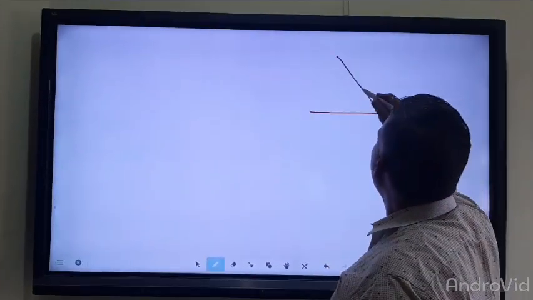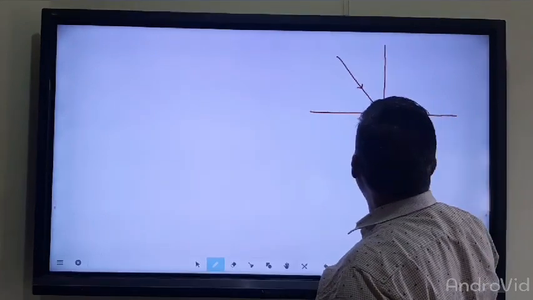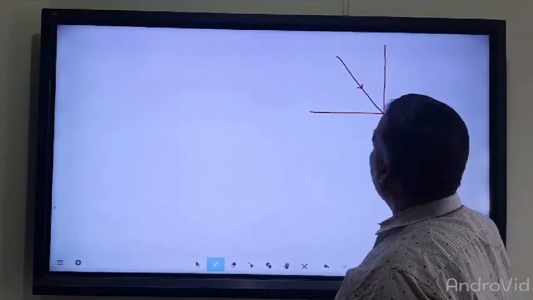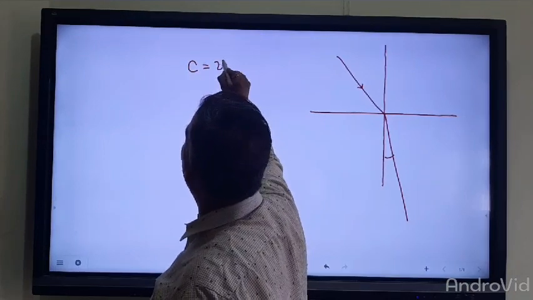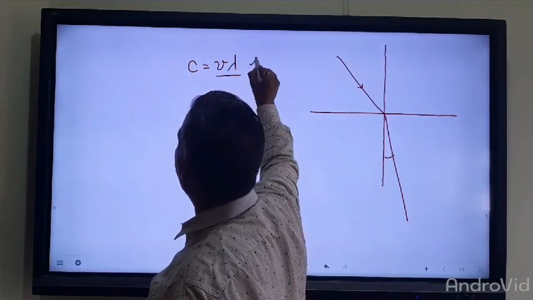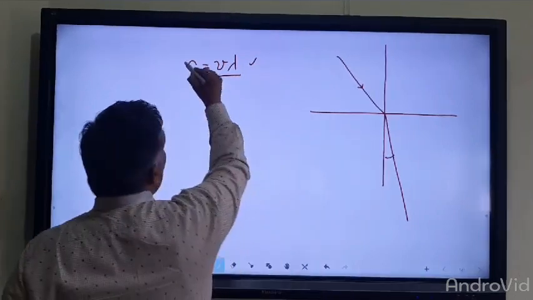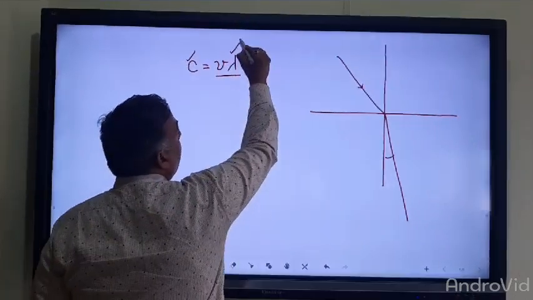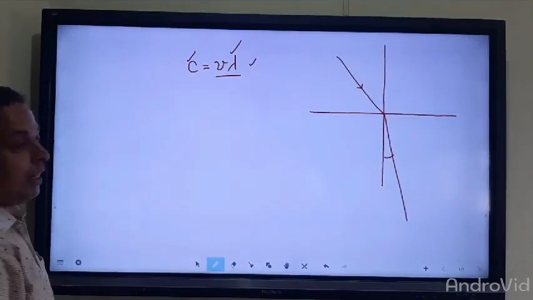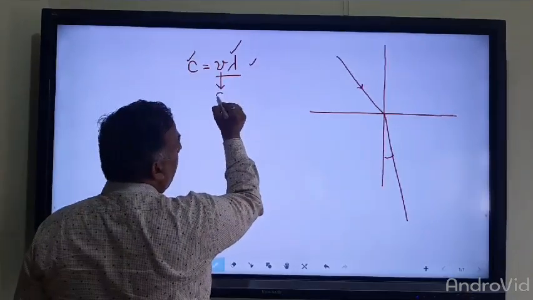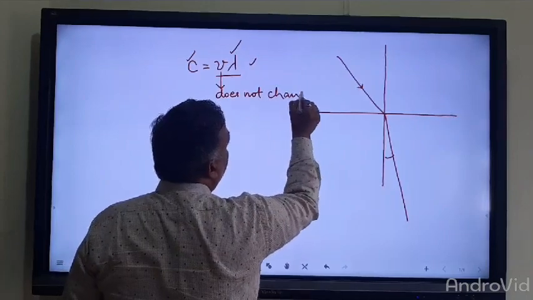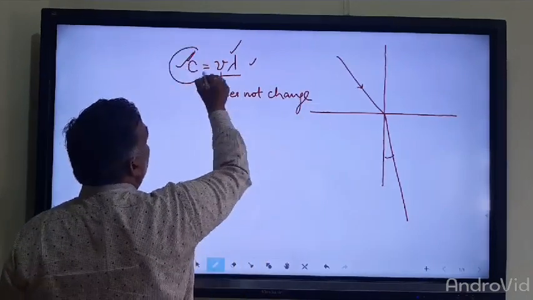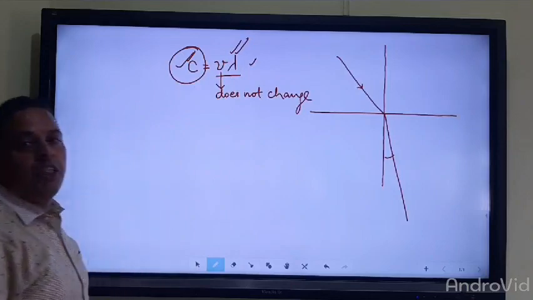If I am denoting, this is the incident ray, this is the normal, this is the refracted ray. So according to the law, that's the light equation, c is equal to nu lambda. So if velocity changes, then wavelength also changes, because the frequency does not change. Change has only taken place in velocity. With respect to velocity, the wavelength must be changing.